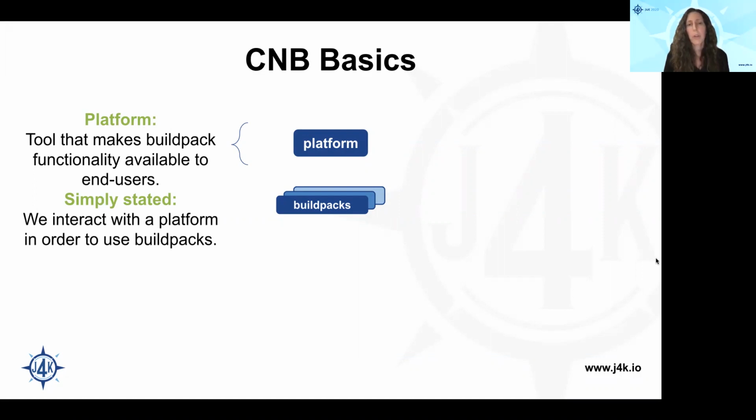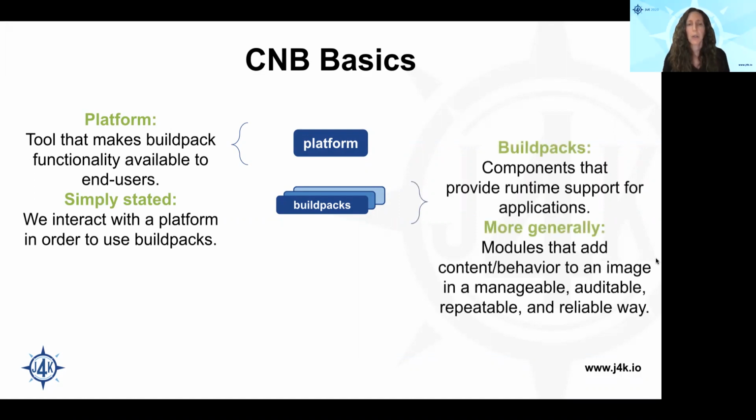It's a tool that implements the platform API provided by the buildpacks project, and it's the way end users can use buildpacks. And so the buildpacks are the modular components that contain the intelligence to turn source code into an image. And they do it in a way that is, again, manageable, auditable, repeatable, and reliable.